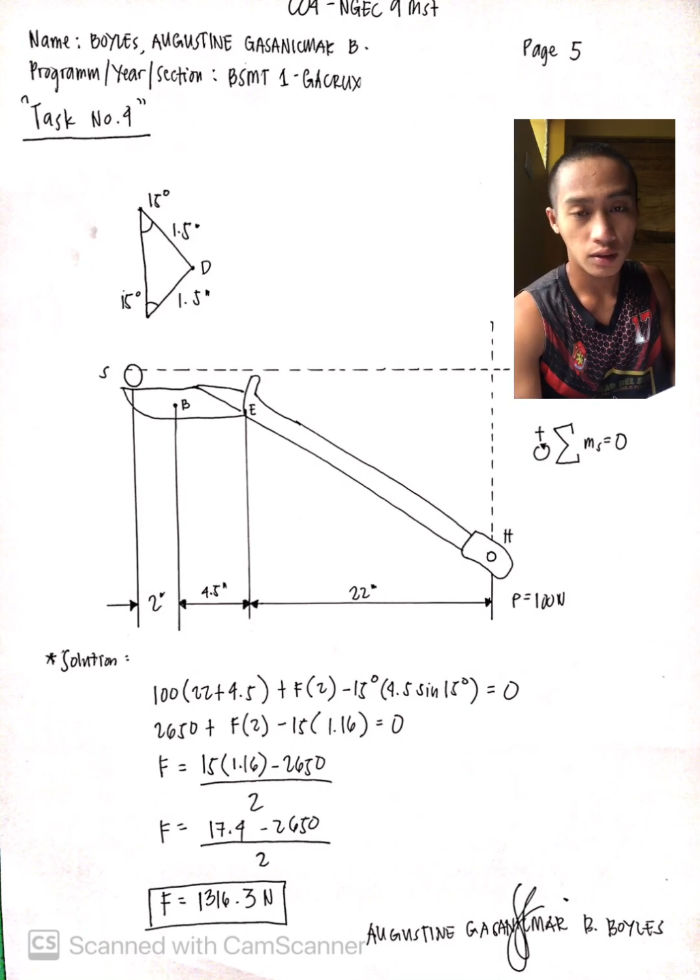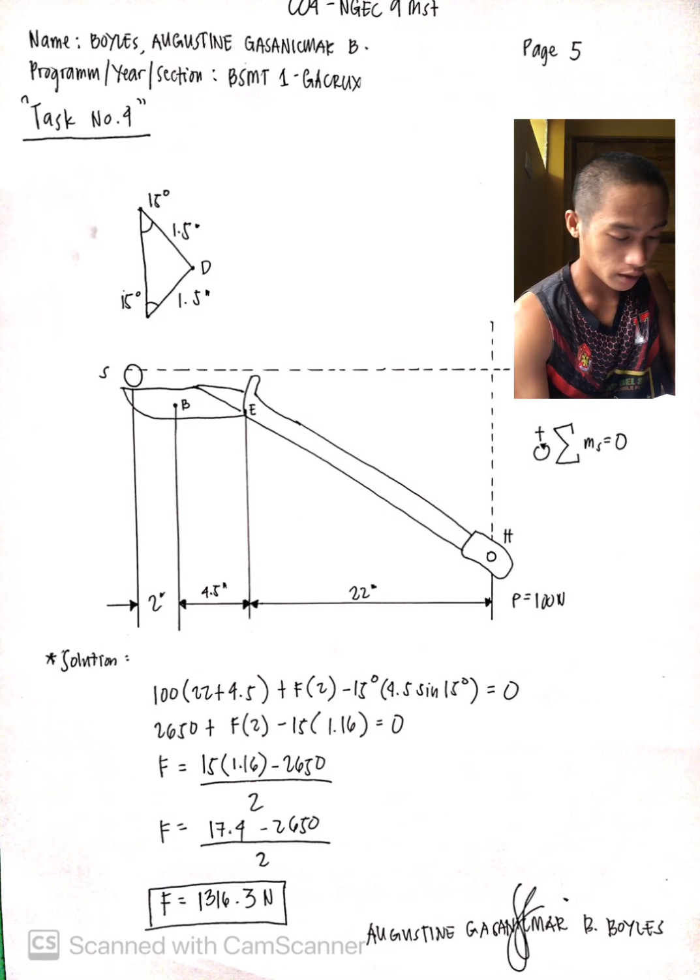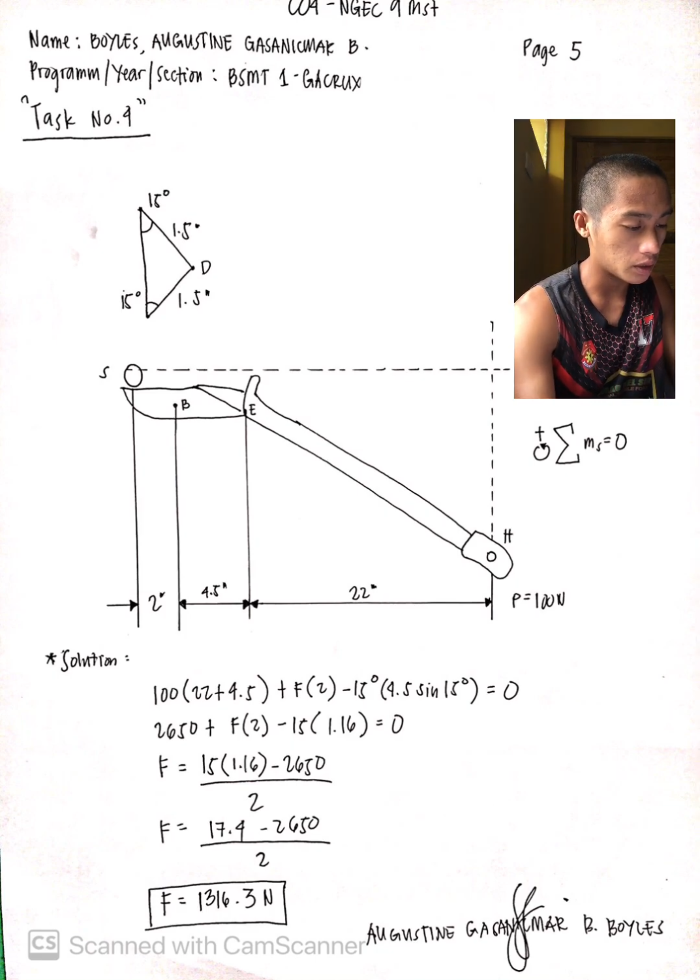So task 4. As you can see here, sir, is my illustration above and the solution. So 100(22 plus 4.5) plus F times 2 minus 15 degrees (4.5 and then 15 degrees) equals 0.